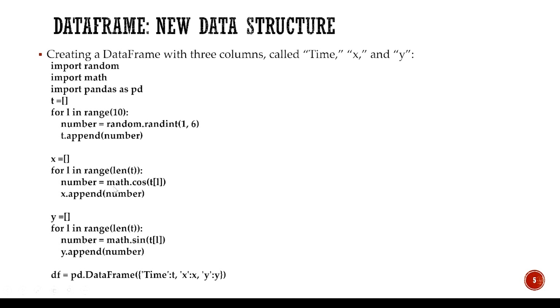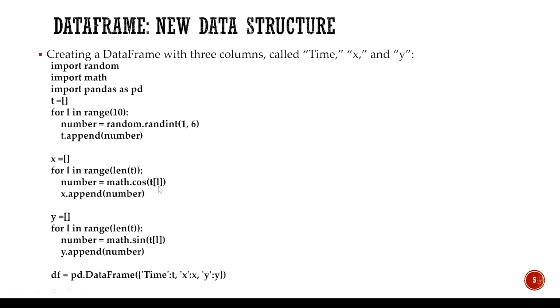Now number equals, I'm using the math module's cosine function, which is defined under this module. Now I want to go through all items in that list and calculate the cosine. So math.cos(t), but t is a list. In order to get access to each item, we need to specify the index.